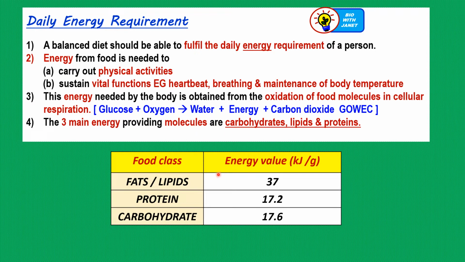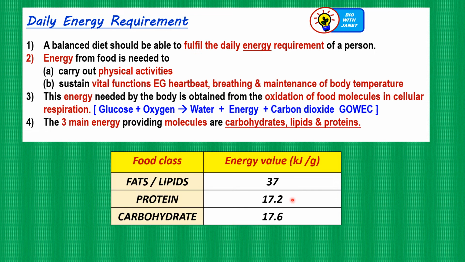So although these three main food classes provide energy, okay, these are the pure forms of the food class, so they provide energy. However, the amount of energy provided in kilojoules per gram of the food is not the same. Fats produce more energy, right, when they are oxidized, 37 kilojoules per gram.